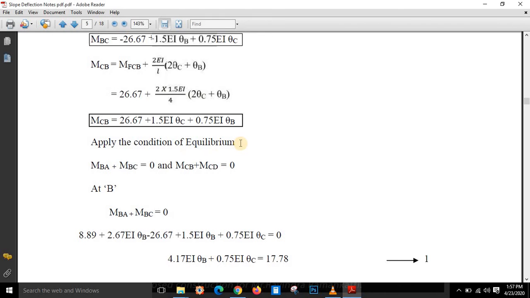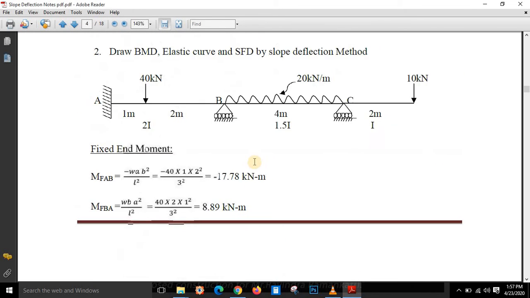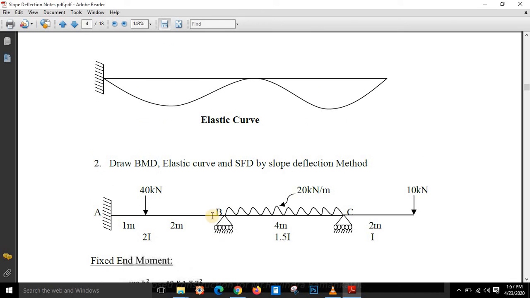So applying the equilibrium equation, MBA plus MBC: at joint B there are two moments acting, MBA and MBC. These two moments should balance this particular span, so we are going to consider these moments as equal and opposite moments.